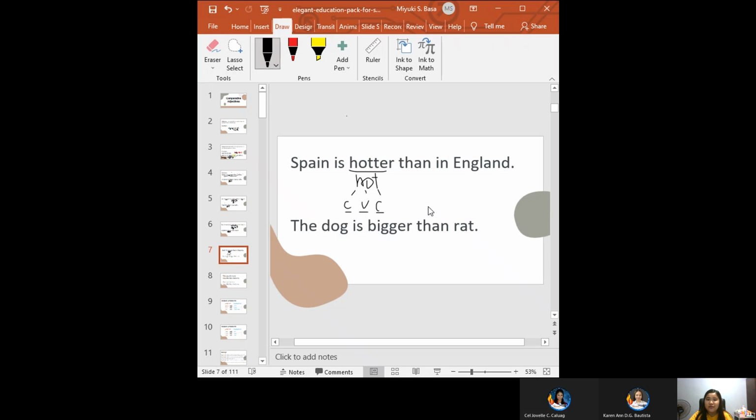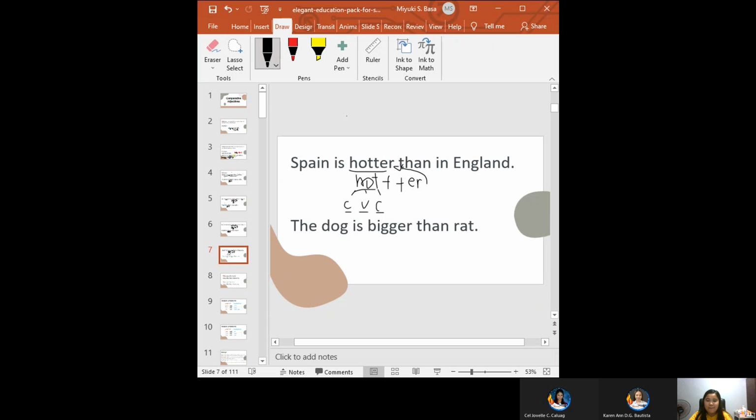And our fourth rule in forming a comparative adjective is that if the adjective follows the CVC pattern, we will just double the final letter, plus the suffix er to that word to make it a comparative adjective. Do you understand, guys? Yes po, ma'am.